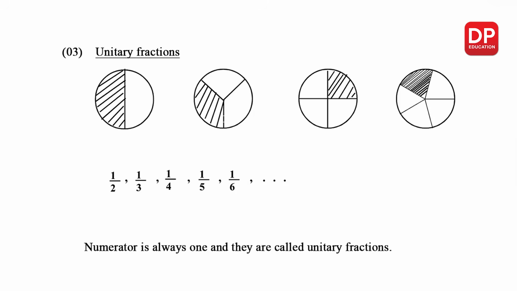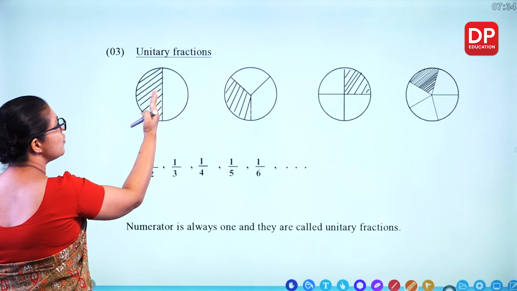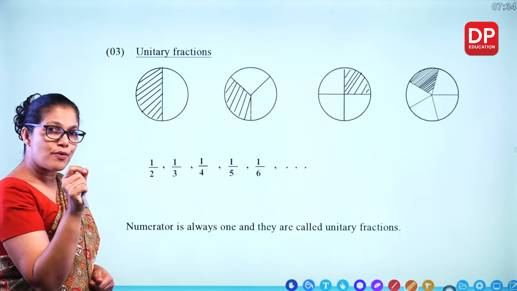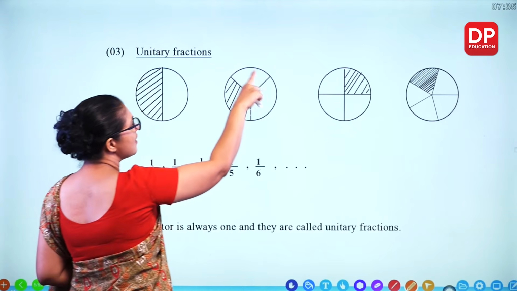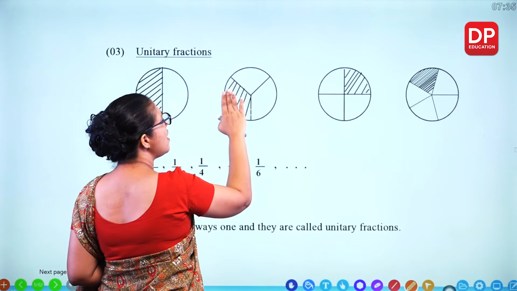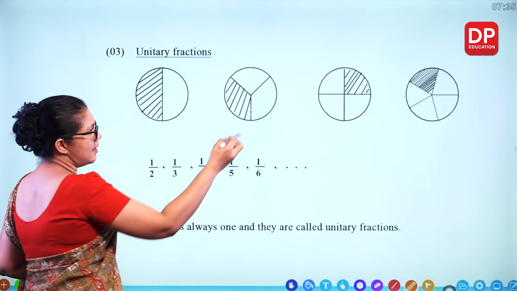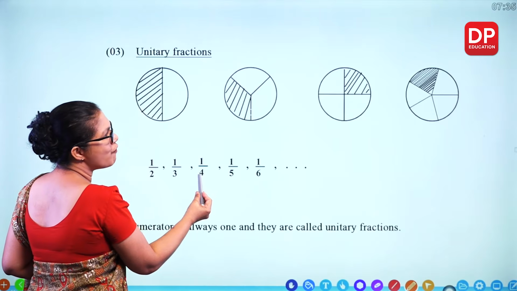Unitary fractions. So look at this one. A circle divided into 2 parts and one part is shaded. How can you write it as a fraction? 1/2. In this circle, 3 parts are there, one part is shaded: 1/3. 4 parts are there, one part is shaded: 1/4.